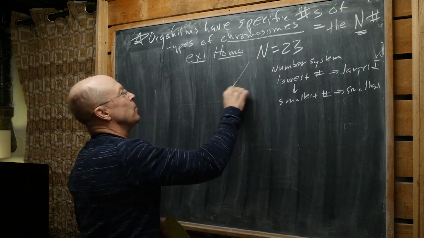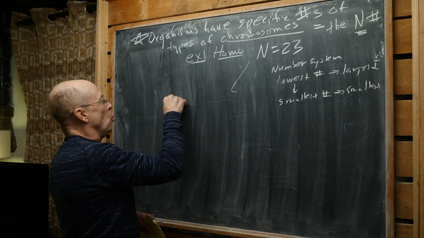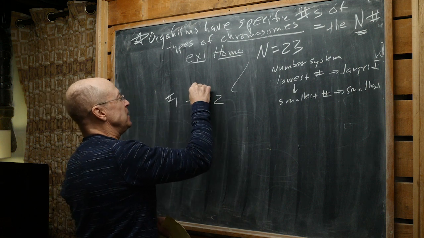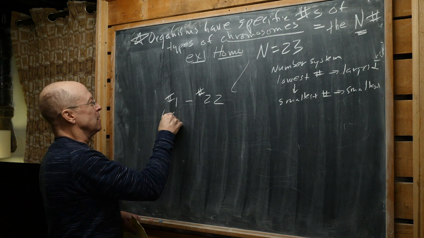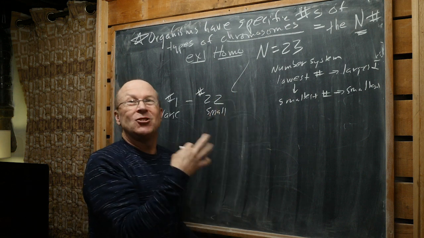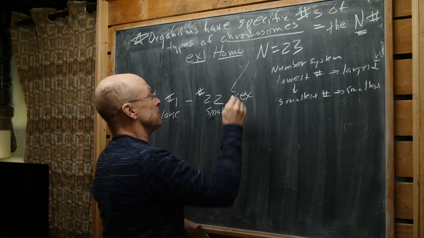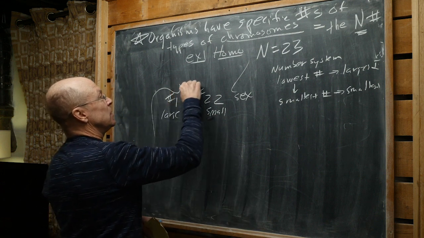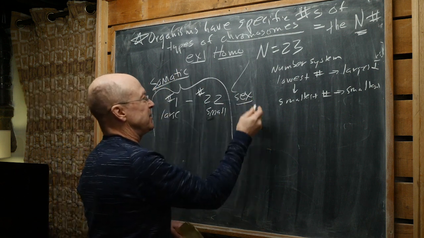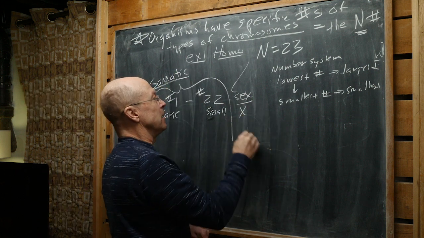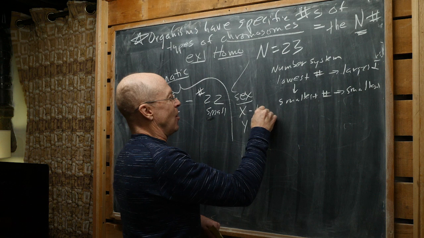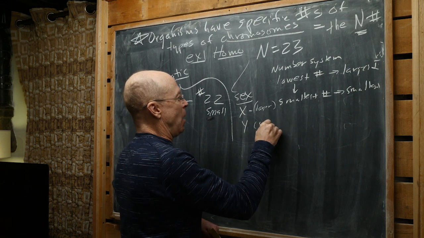So in humans, we have chromosomes 1 through 22, and this is the largest, this is the smallest in the numbered ones. And then we also have, not really a 23, we have the sex chromosomes. We call these chromosomes the somatic chromosomes, and we call these the sex chromosomes, which have subtypes, X and Y. And interestingly, X is larger and Y is smaller.